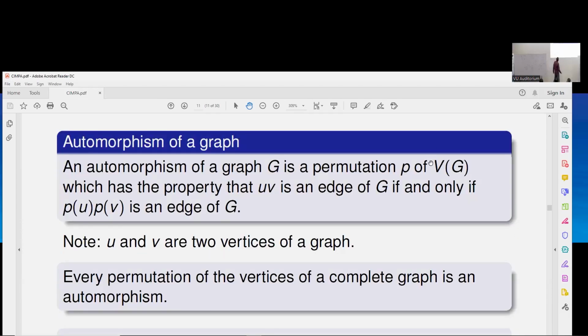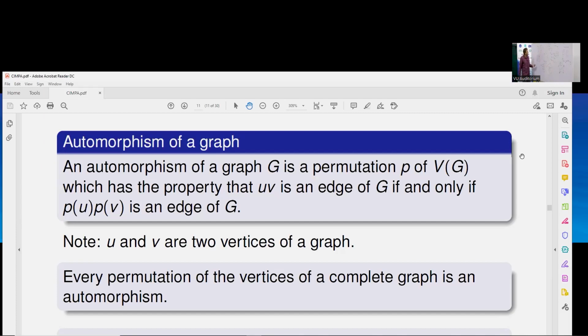So again, an automorphism of a graph is a permutation of vertices which has the property that uv is an edge if and only if p(u)p(v) is an edge. So I'm asking, is there an automorphism which can carry this vertex to this place? That's the first question. And the second question, is there an automorphism which can carry this vertex to this place?